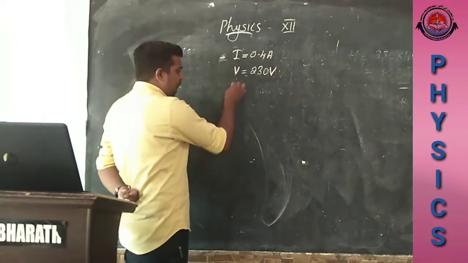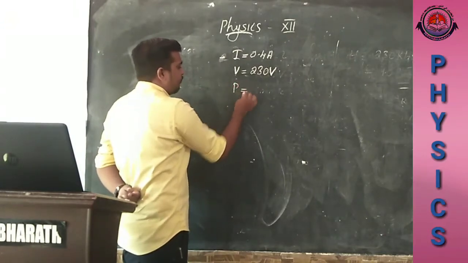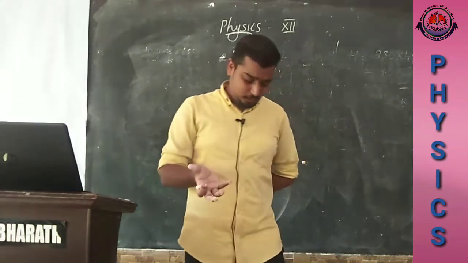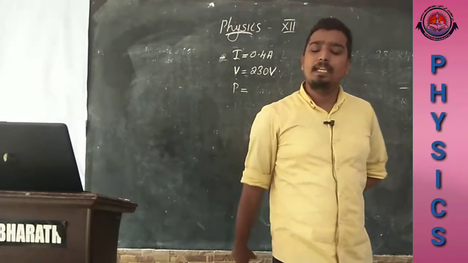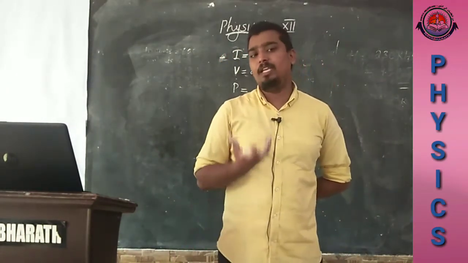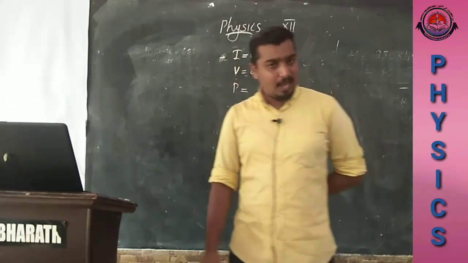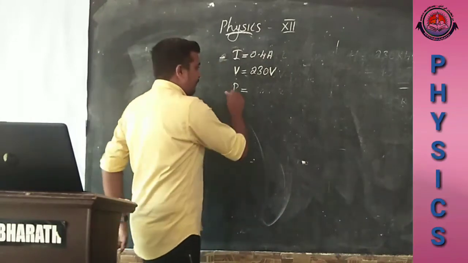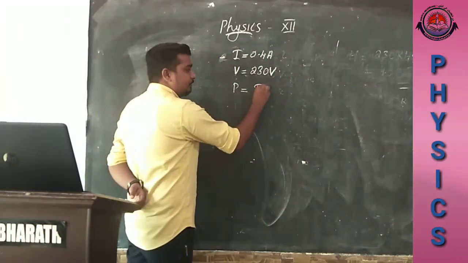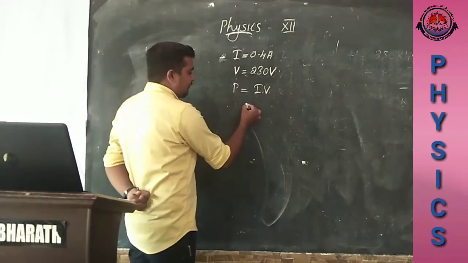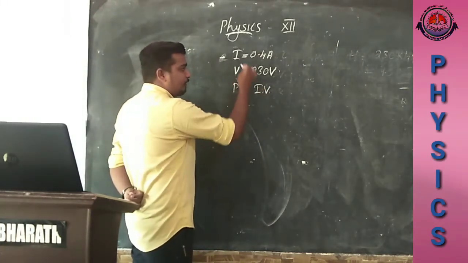What is the equation for power? We have P equal to IVT, P equal to IV, P equal to V square by R, and one more, P equal to I square R. Here we use the equation P equal to IV.